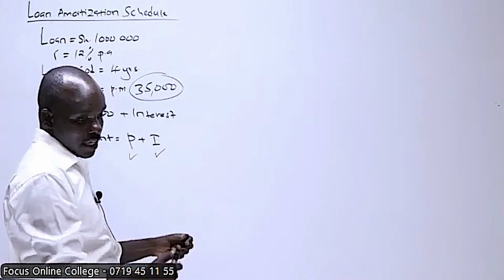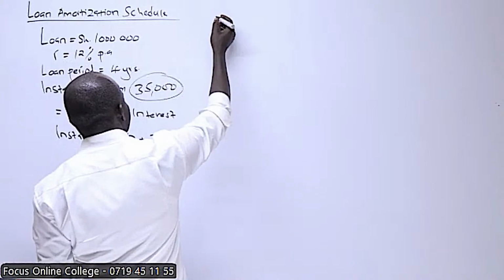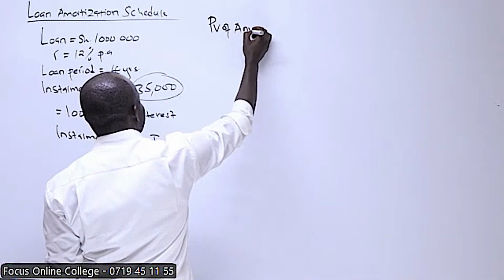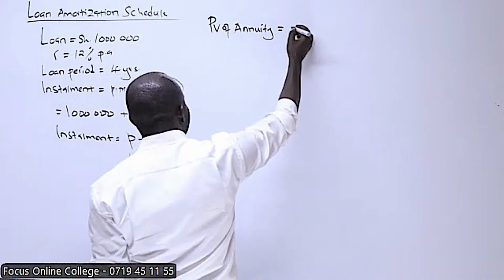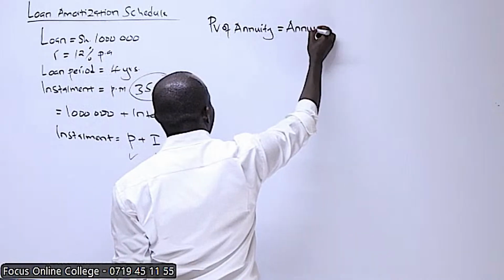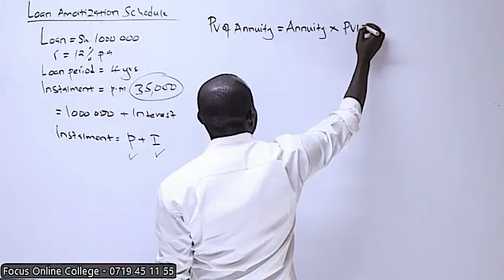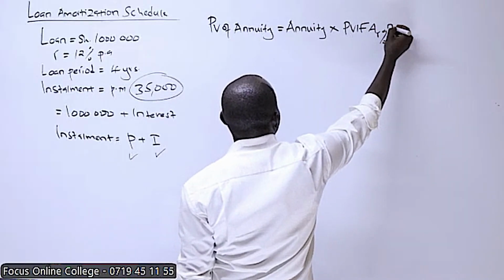So here we say, to determine the installment, you say present value of annuity is equals to the annuity times present value interest factor annuity, R% power n.